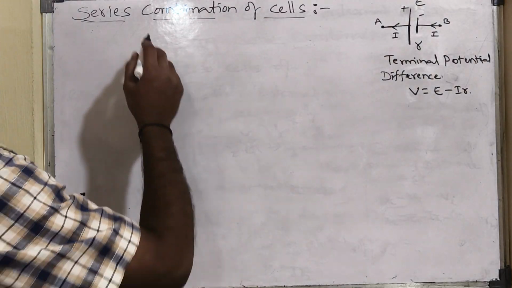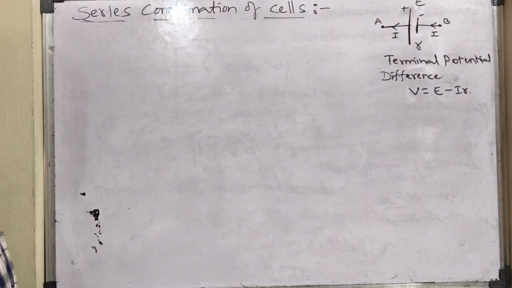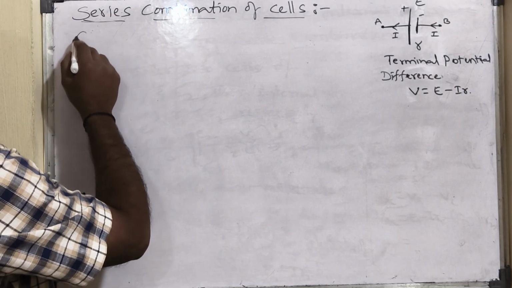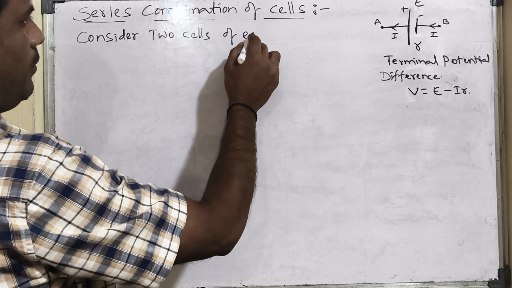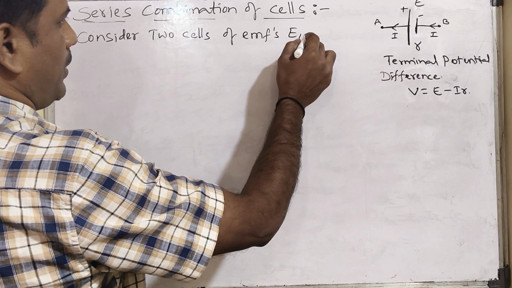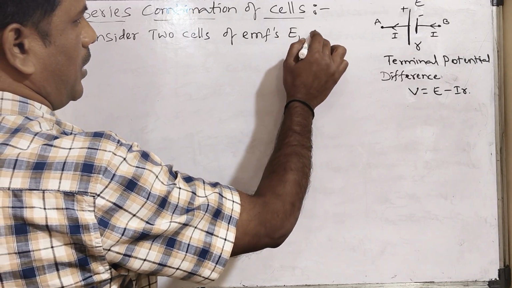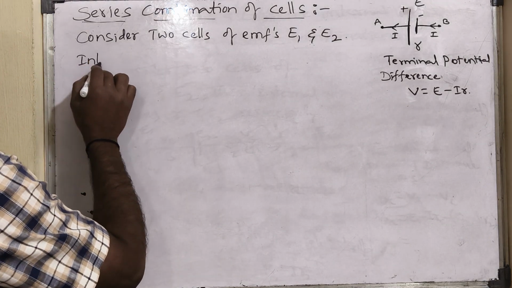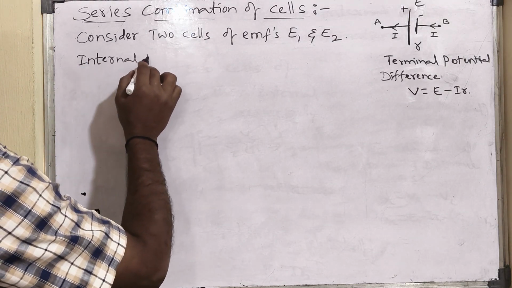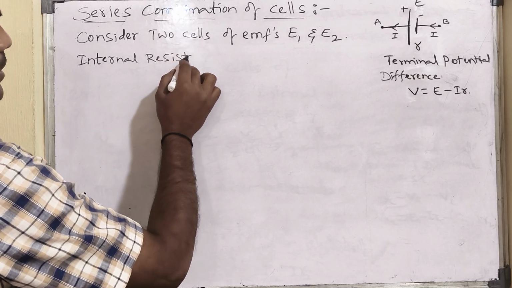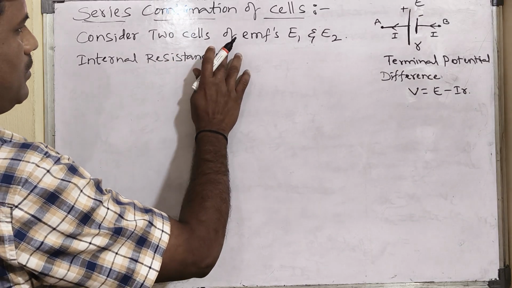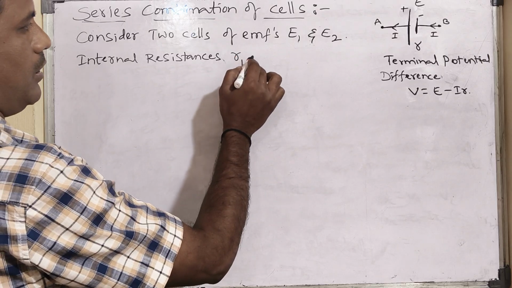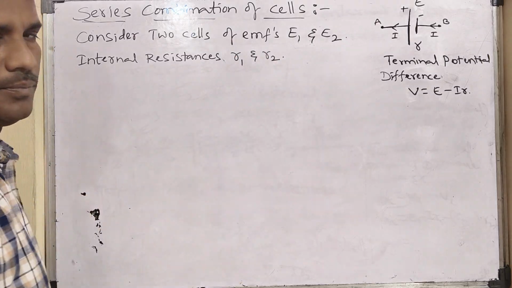Right. So now here, combination of cells. Here we consider two cells, of EMFs E1 and E2, and internal resistances R1 and R2.